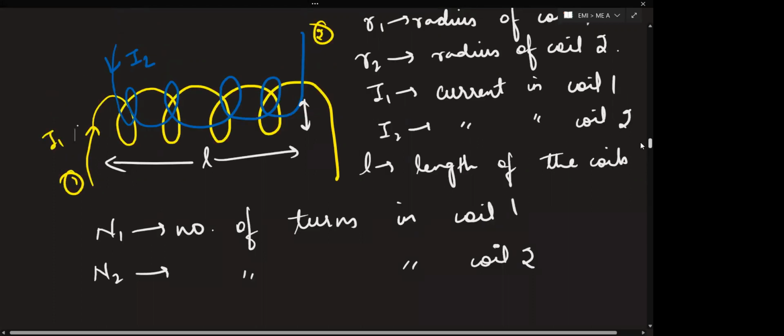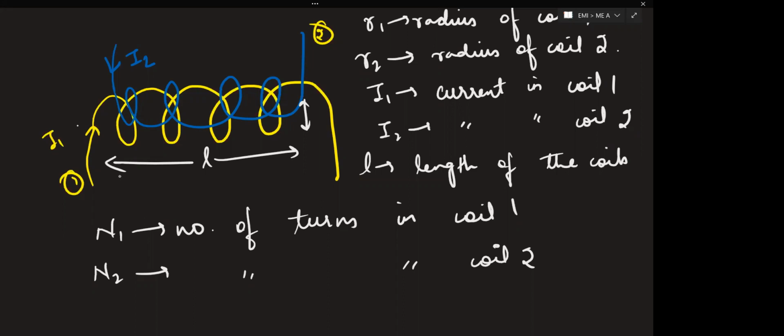Now see what will happen. As the current changes in one coil, EMF will be induced in the second coil. So let's say we first pass a time varying current I2 through the second coil. What is the magnetic field that will be set up?